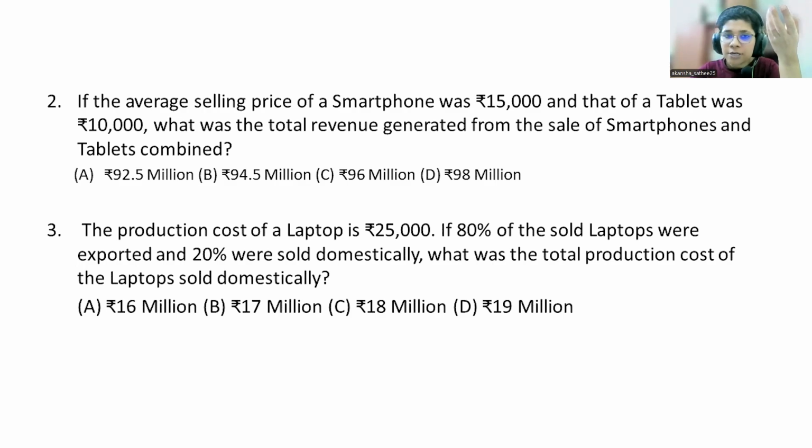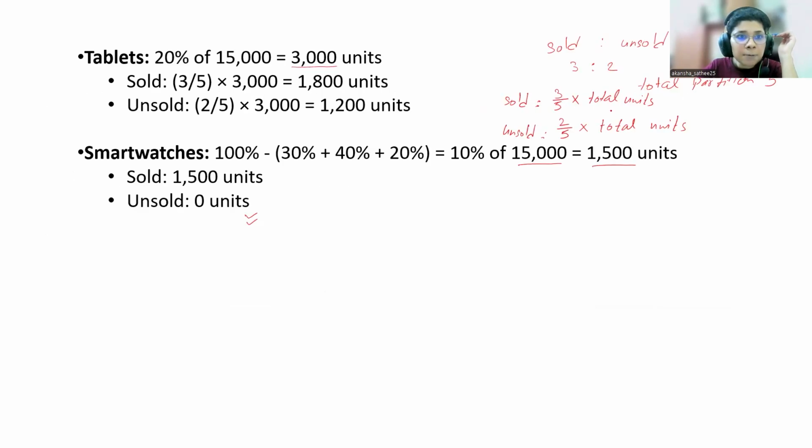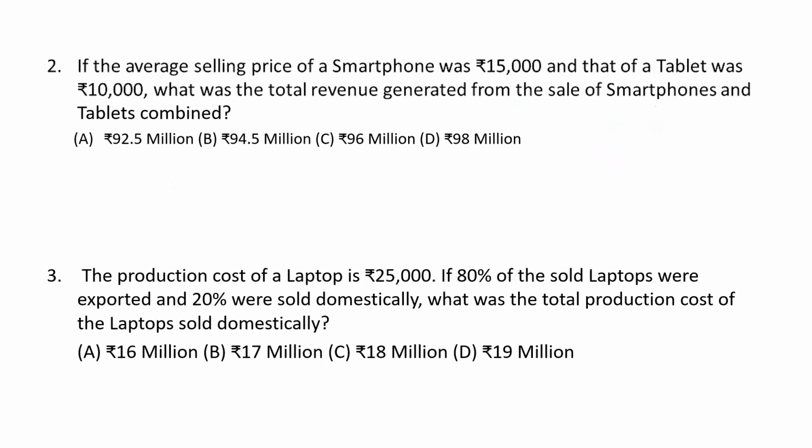How do we compute revenue? Total number of units sold into the price. So tablets, total sold tablets is 1800, right? So how will you compute it? 1800 into 15,000, because one tablet you are selling in 15,000 rupees, right?